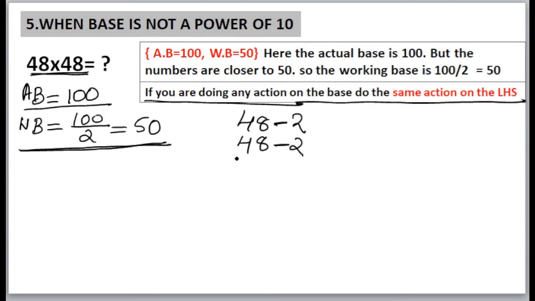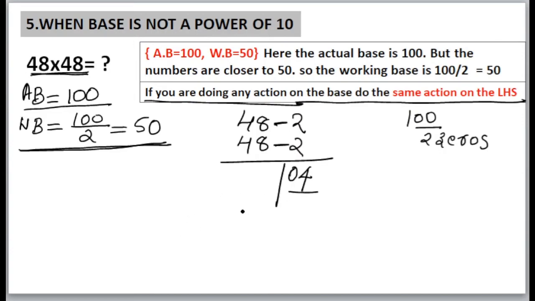Write it twice because 48 into 48 is the question. So in your RHS, you will have 2 into 2 is equal to 4. But your actual base is 100 and it has 2 zeros. Since your actual base has 2 zeros, you need 2 digits in your RHS. So I put a 0 behind 4 to make it a 2-digit number.